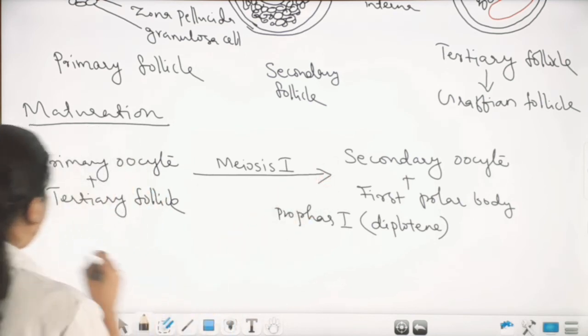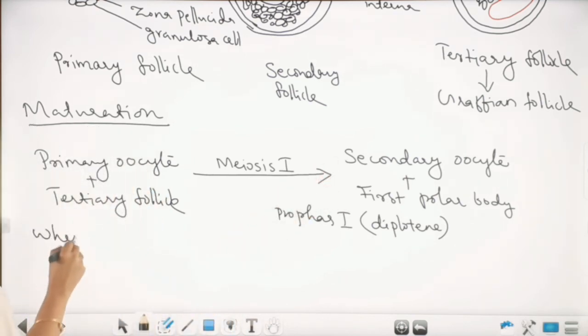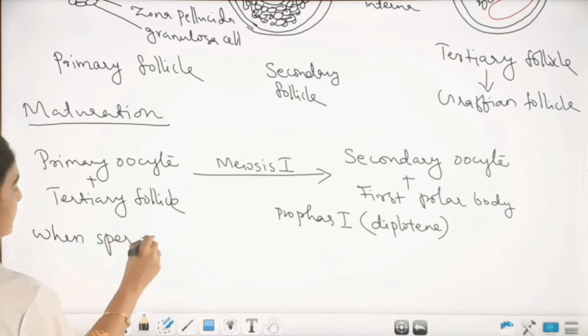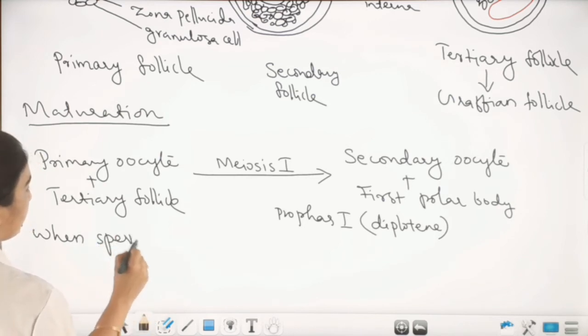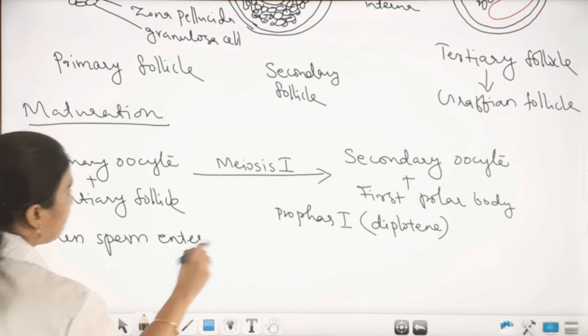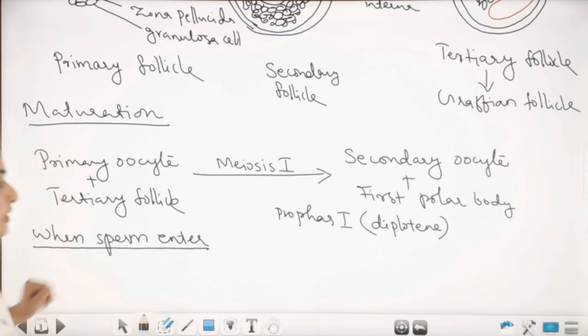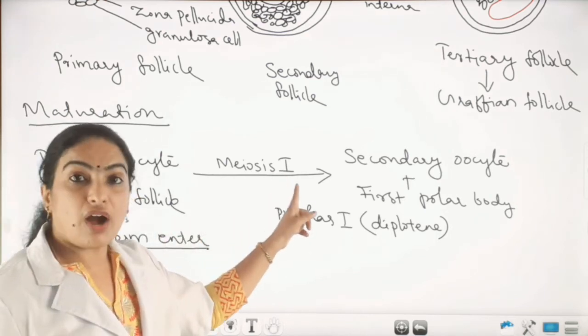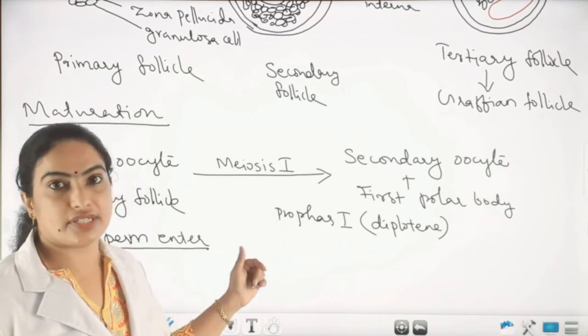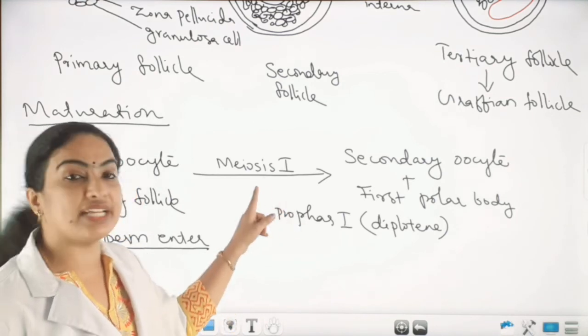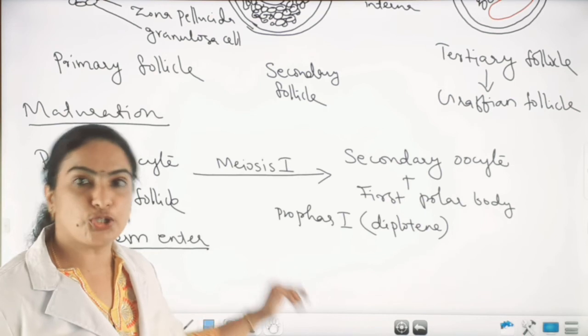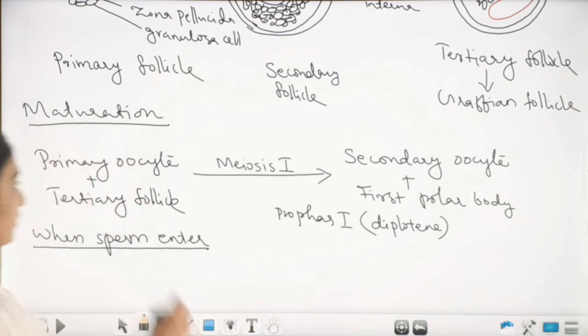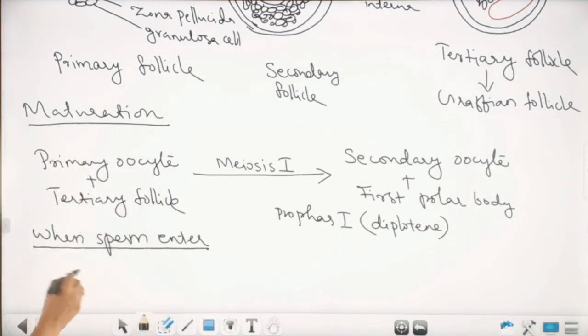But when the sperm enters into the fallopian tube, what will happen? The meiosis 1 restarts. That means it gets into the next stage, that is meiosis 2. Is it clear? So the meiosis 1 restarted and undergoes meiosis 2.